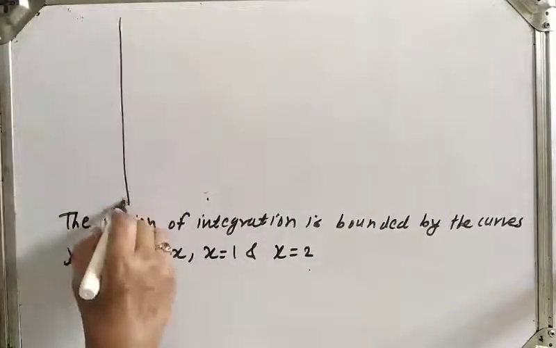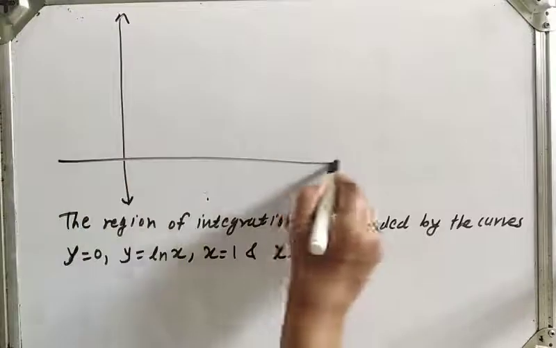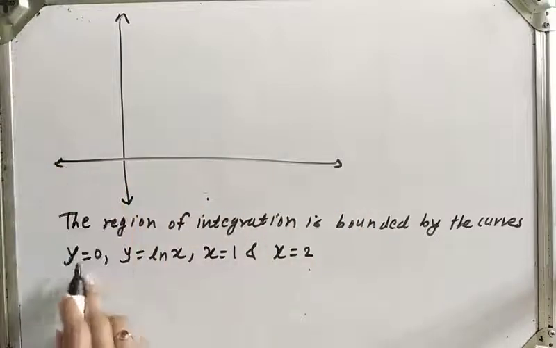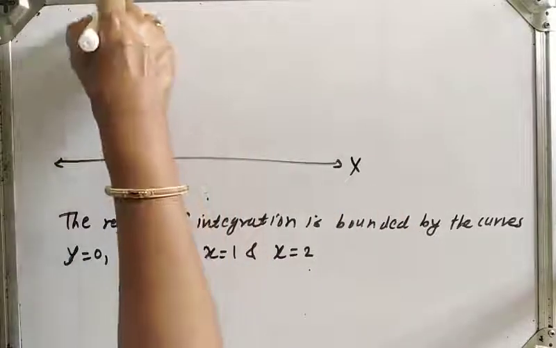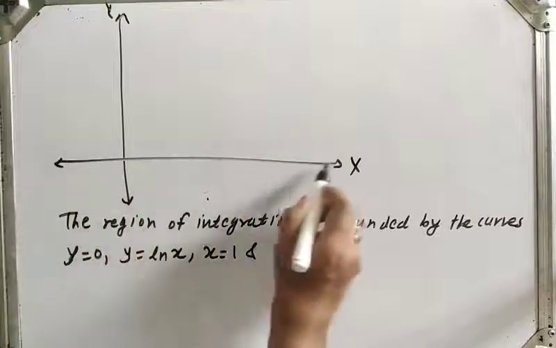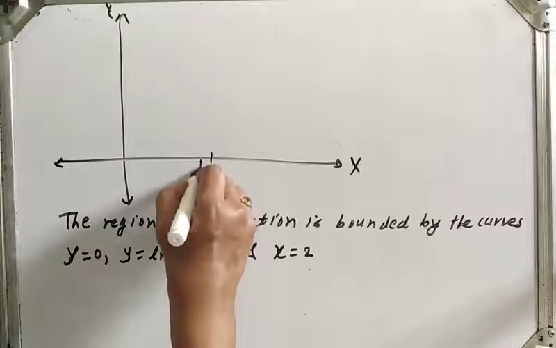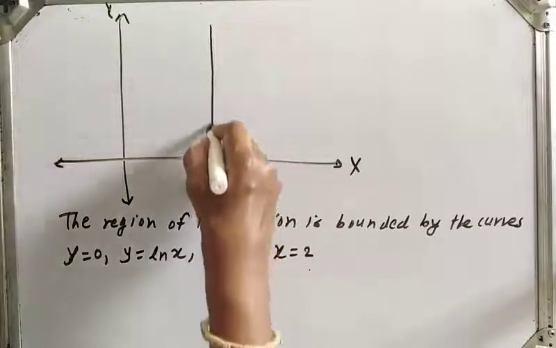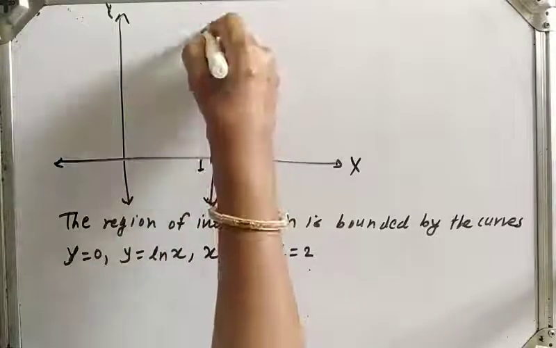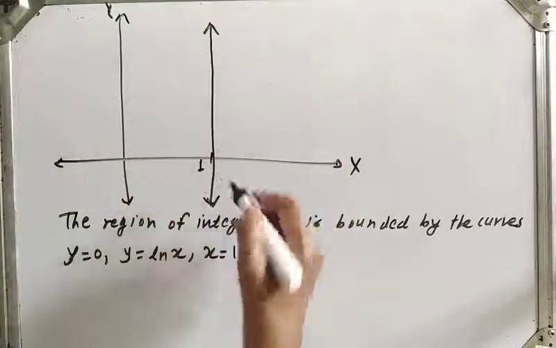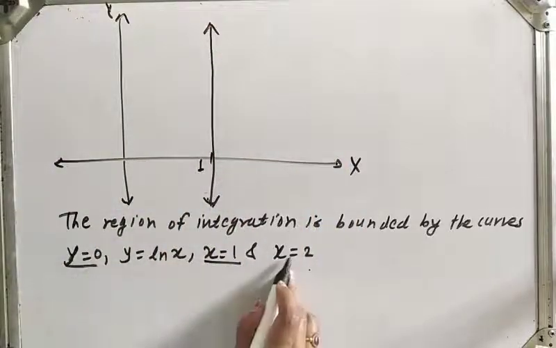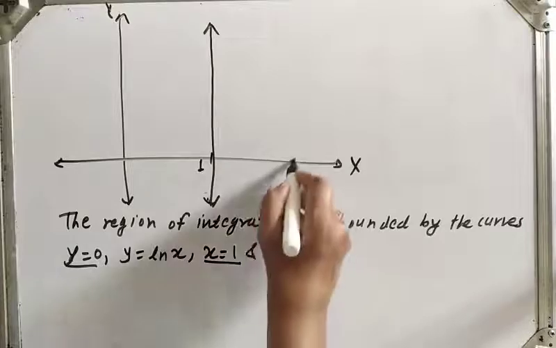y is equal to 0 means the x axis. Then x is equal to 1. Suppose here is 1 somewhere, so this line is x is equal to 1, then x is equal to 2.